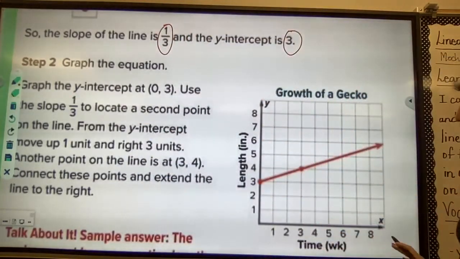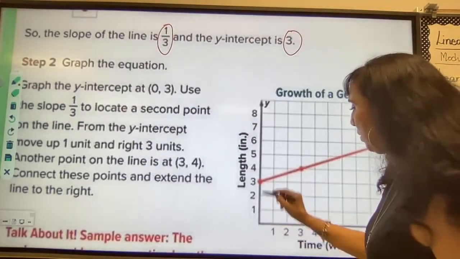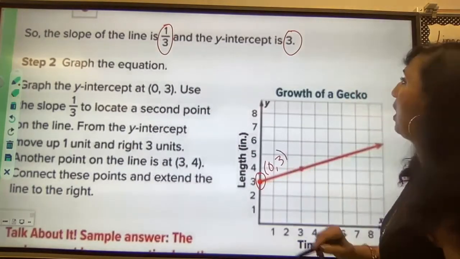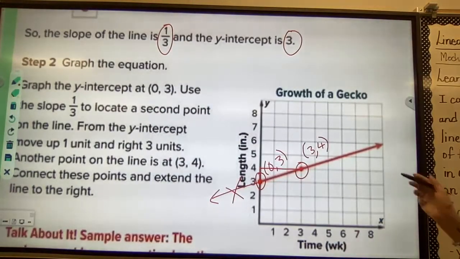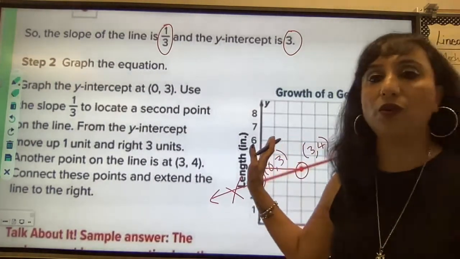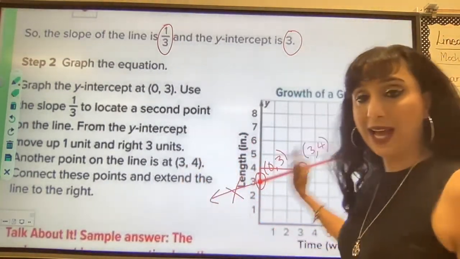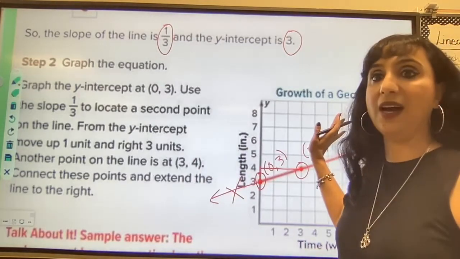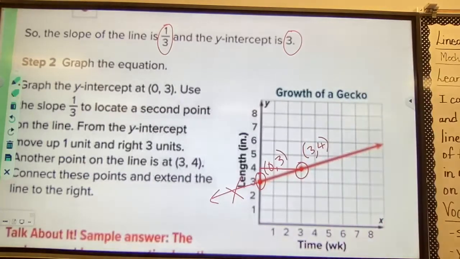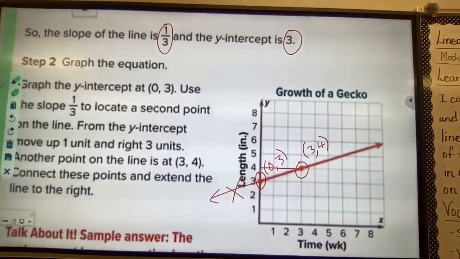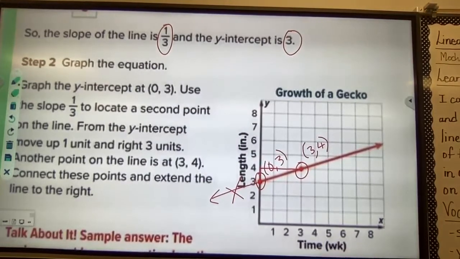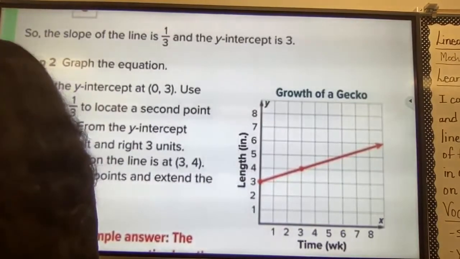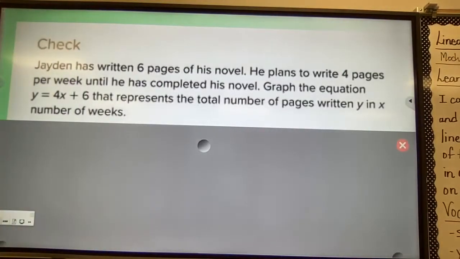So again, drawn out, this is 0, 3, over here. And also in the future, the gecko is not going to grow forever, so this line is also going to stop at a certain point, because that length is going to end at a certain time. Okay, so the line cannot extend forever to the right either. Okay, let's look at this one now.